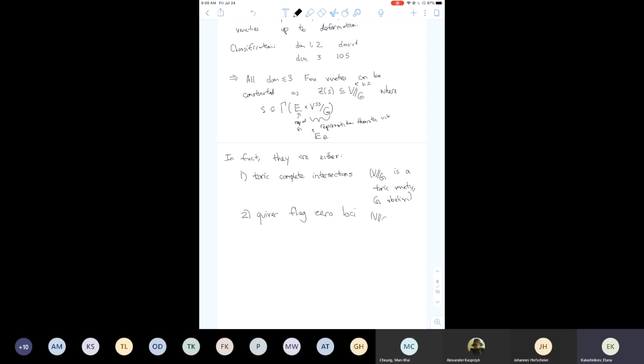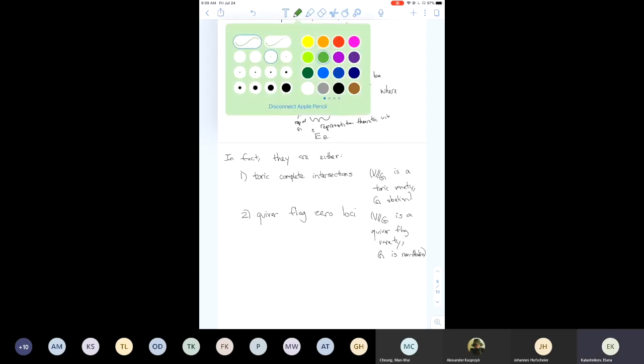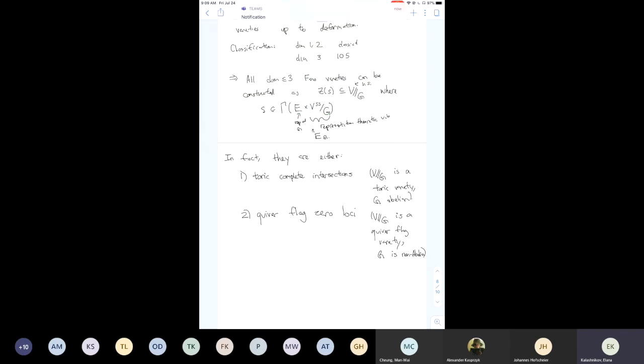This is when V mod G is a quiver flag variety. The ambient space is a quiver flag variety, and the subvarieties are called zero loci. In particular, G is not abelian. I'm not saying all GIT quotients that are not abelian are quiver flag zero loci, but some are. Toric complete intersections are well understood from the perspective of the mirror symmetry constructions I want to talk about, and these are sort of the next generalization you might be interested in.